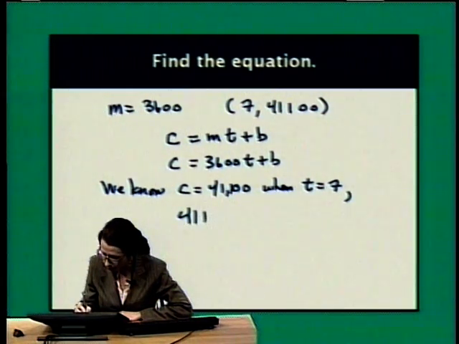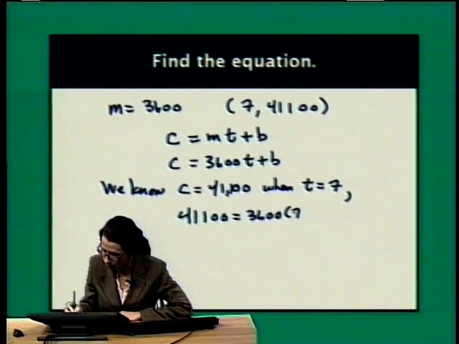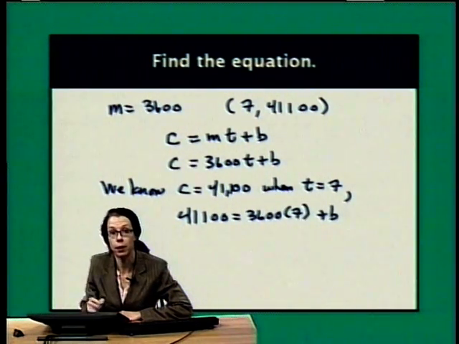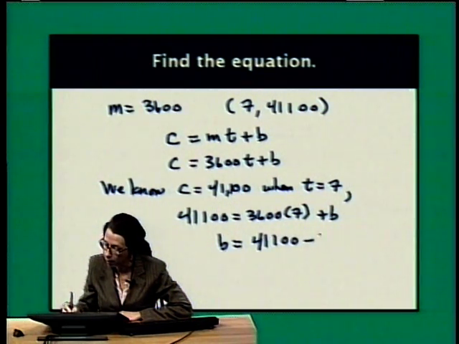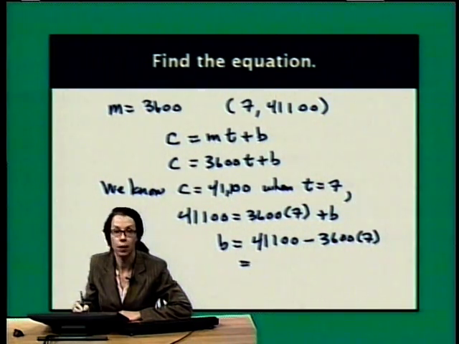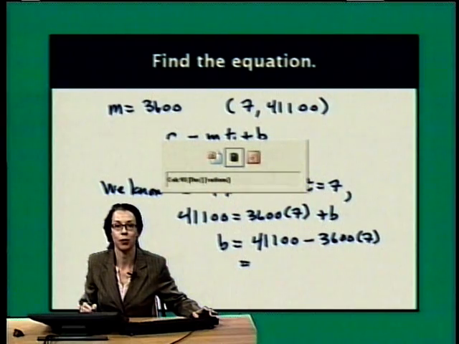So 41,100 equals 3,600 times 7 plus b. So to find b, I need to calculate 41,100 minus the product of 3,600 and 7. I'm going to pull out my calculator to do that.